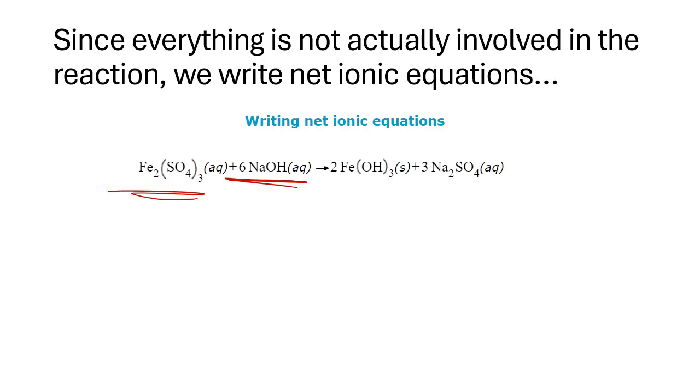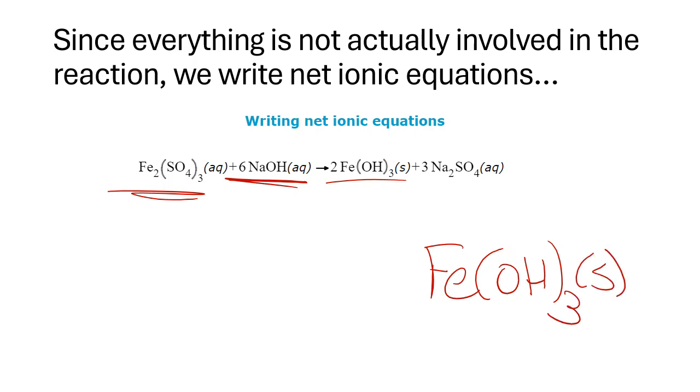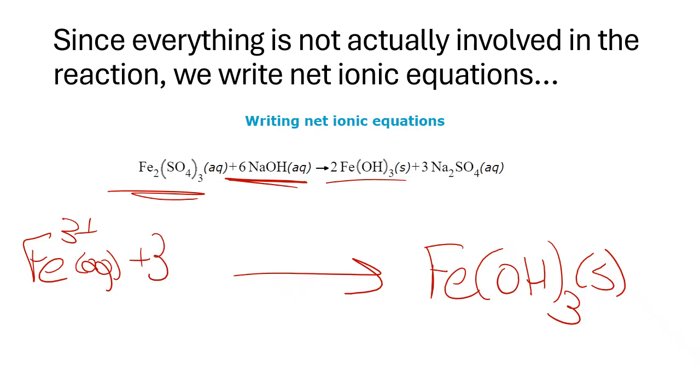In this case, we know that iron hydroxide is formed. And what forms it? It's going to be Fe3+ (aq) and 3 hydroxides (aq).